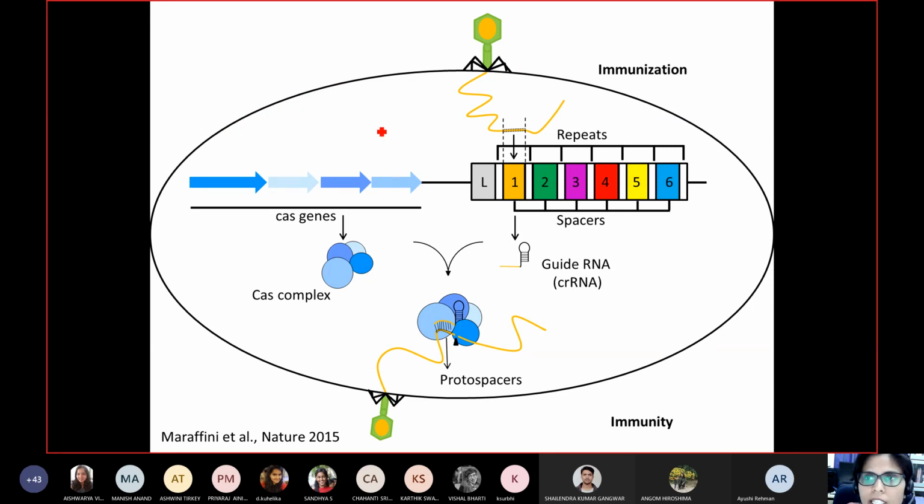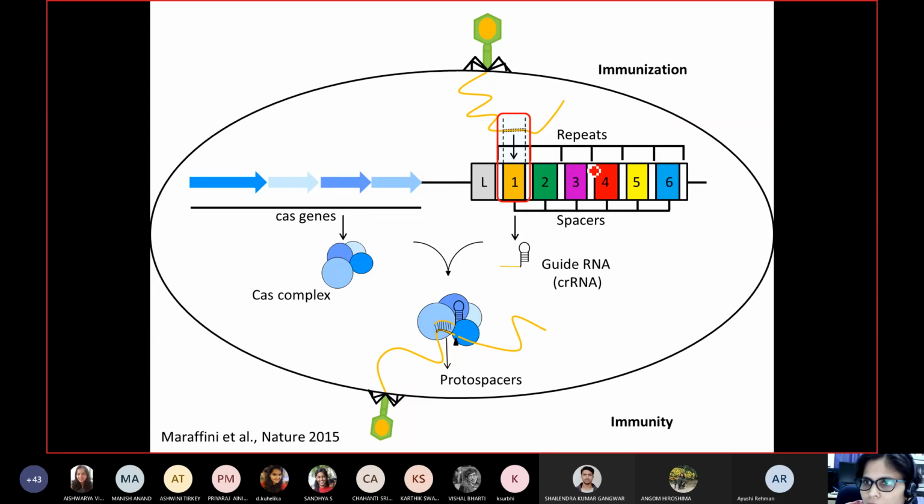Basically, when a bacteriophage injects its DNA into the cell, then a group of Cas proteins, specifically Cas1 and Cas2, are involved in capturing pieces of DNA from the bacteriophage and integrating them as a novel spacer in the CRISPR locus.